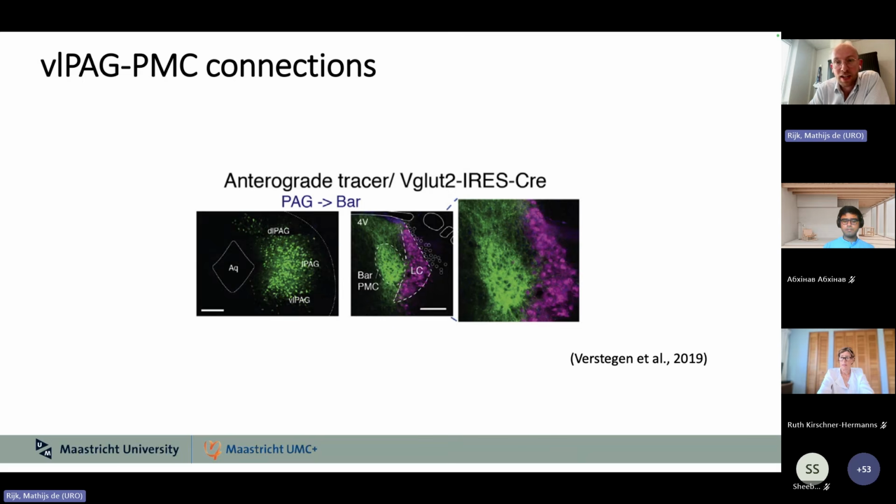And these mice, the virus that was used for this tracing only infects glutamatergic cells. And here you can see that the lateral PAG and ventrolateral PAG have very strong glutamatergic, so excitatory, exclusively excitatory connections to Barrington's nucleus. And that is something that we could not yet see with CTB, which is more a generic tracer. So that stains glutamatergic, GABAergic, but also any other neurotransmitter, just connections in general.